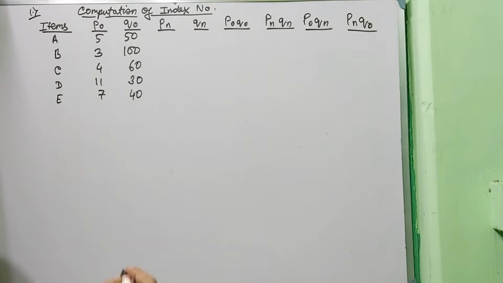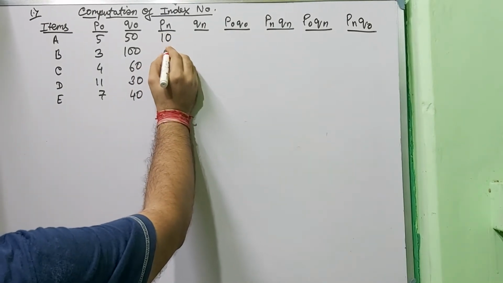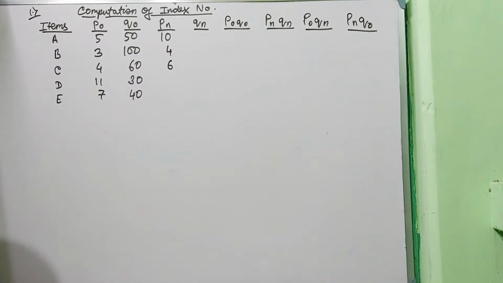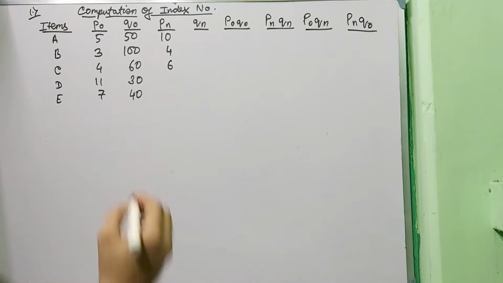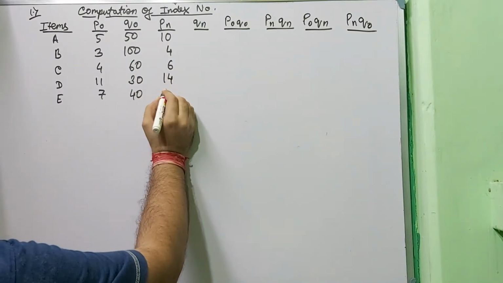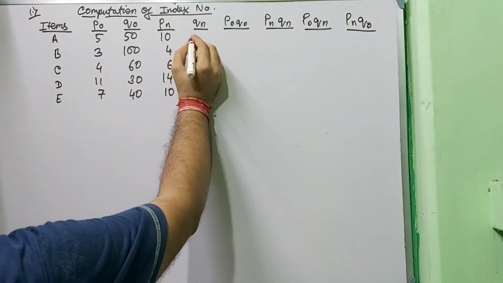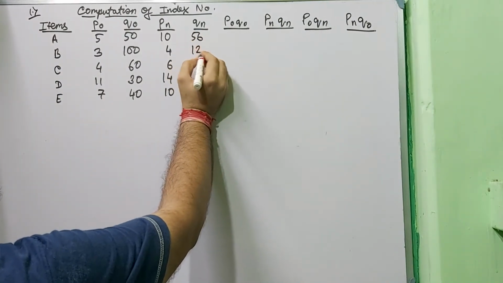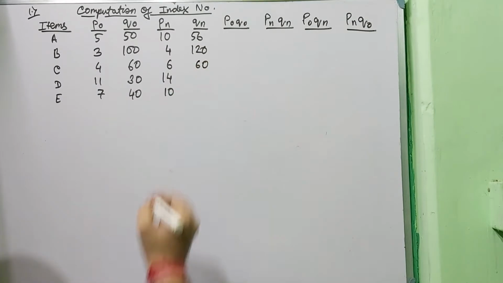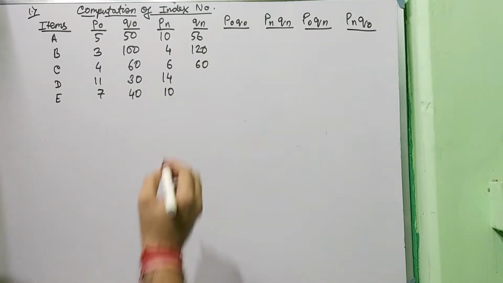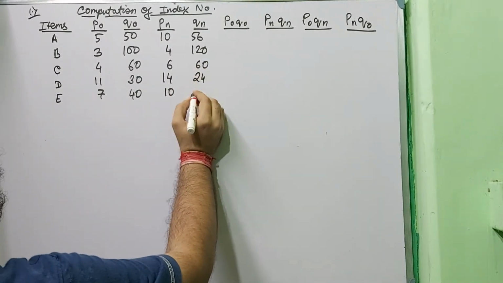Then 10, 4, 6, 14, 10. Qn is 56, 120, 60, 24, 36, right?